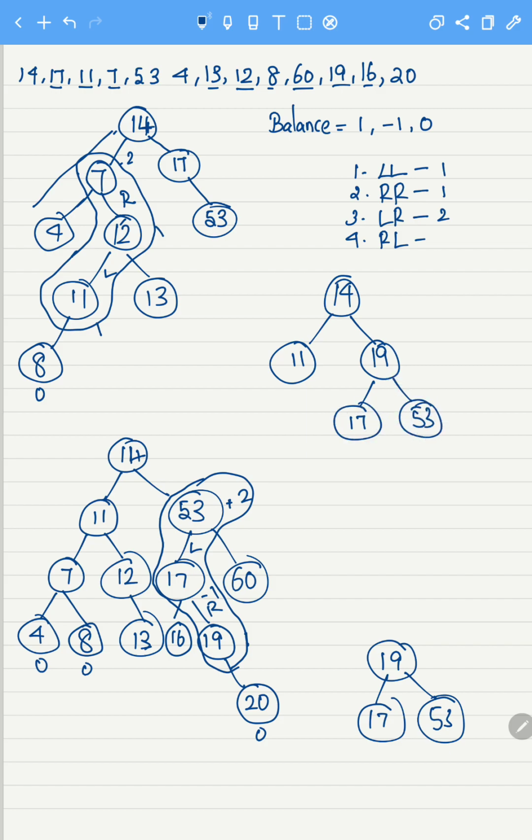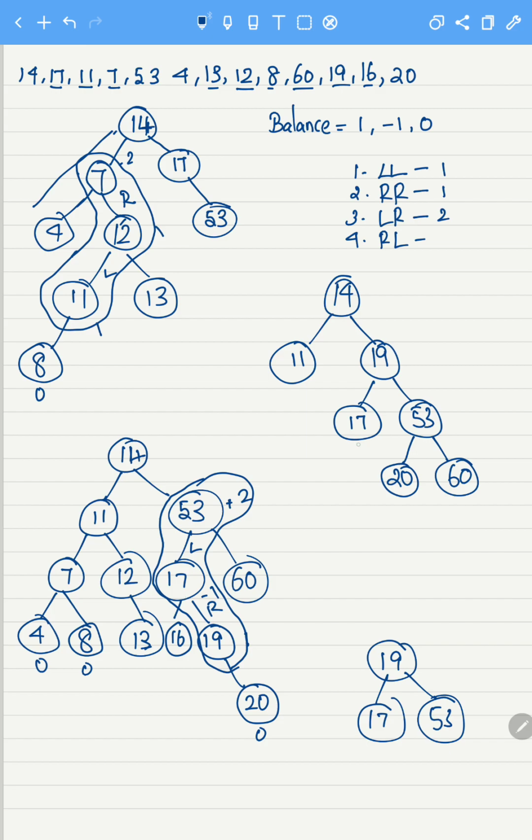Now attach the children. To the left of 53 you have 60. To the right of 19 you have 20. There is no place here, so to the right only I am going to attach my 20.